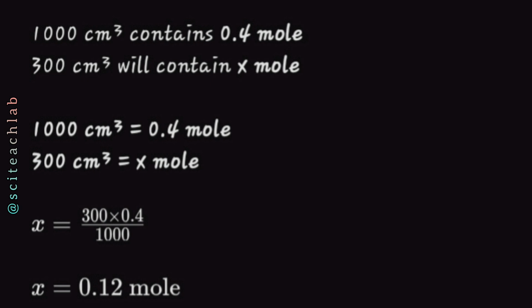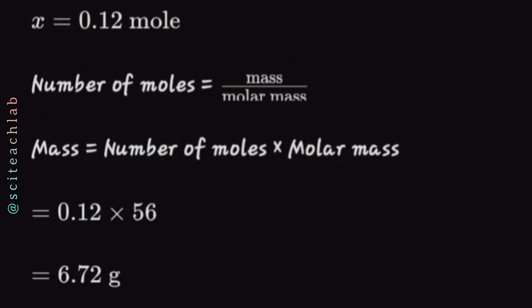So we go ahead and use that mole to find the mass. Remember that the formula for number of moles, n, is equal to mass all over molar mass. So we can make mass the subject of the equation and say mass is going to be number of moles times molar mass.